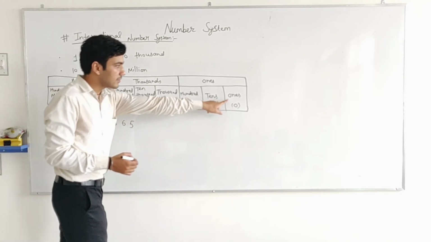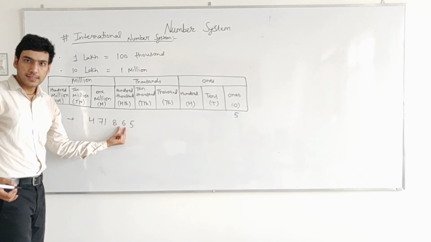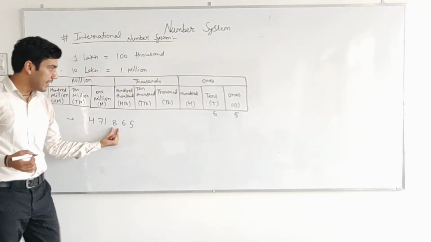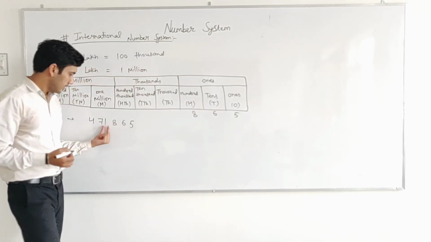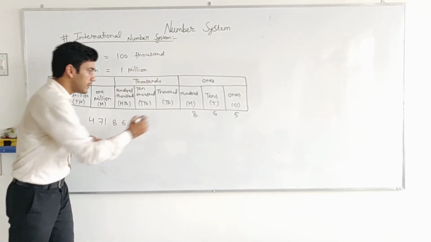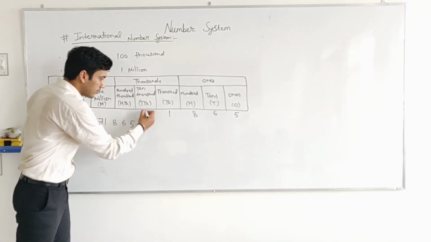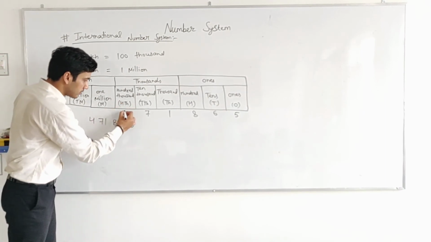5 is on my ones place, so I write 5 here. 6 is on my tens place, so I write 6 here. 8 is on my hundreds place, so 8. 1 is on my thousands place, 1. 7 on ten thousands, and 4 is on the hundred thousands place.